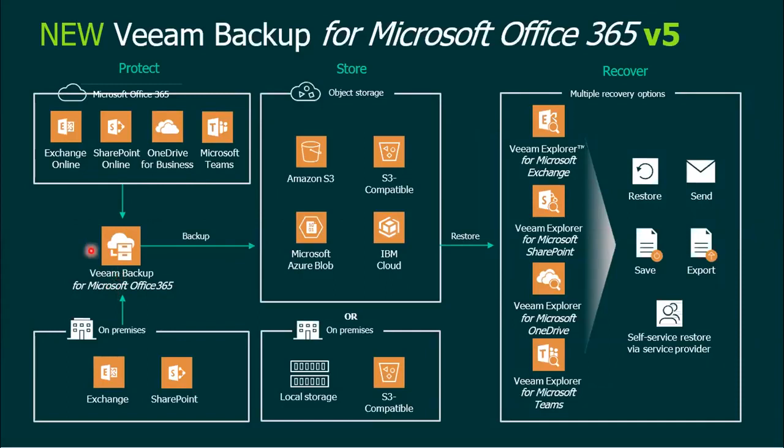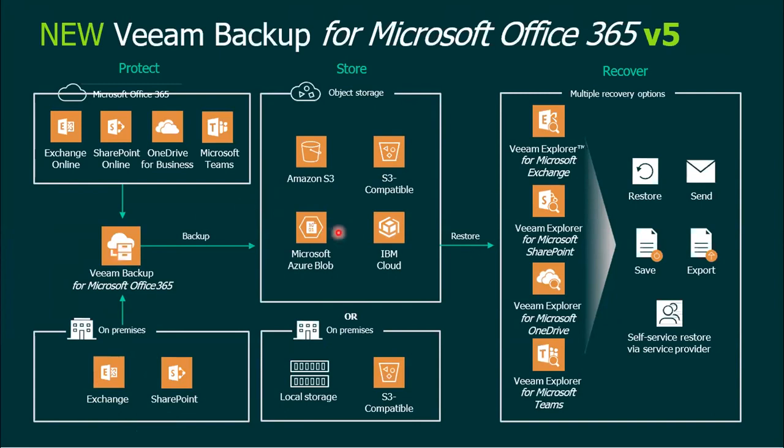Now Veeam Backup for Office 365 is not just backup software for online Office 365. It can do hybrid also. If you have a hybrid environment wherein your Exchange is sitting on premise and your SharePoint is also sitting on premise, Veeam Backup for Office 365 can take a backup of the hybrid environment also.